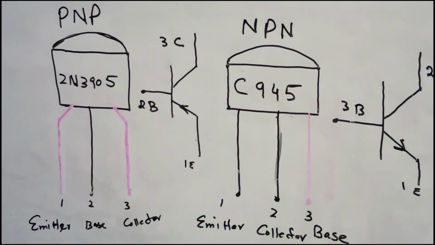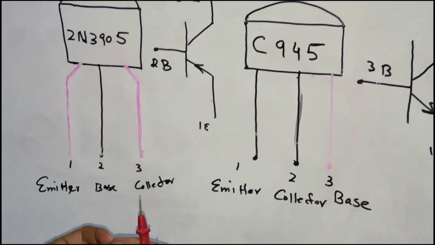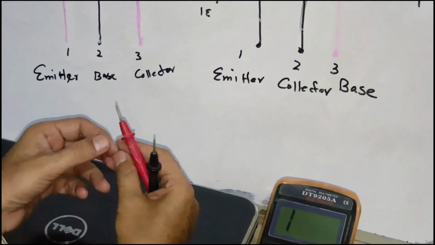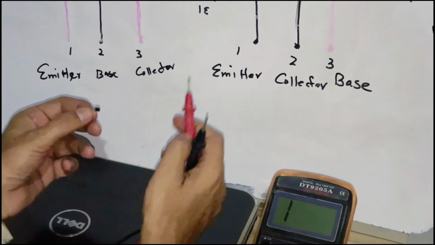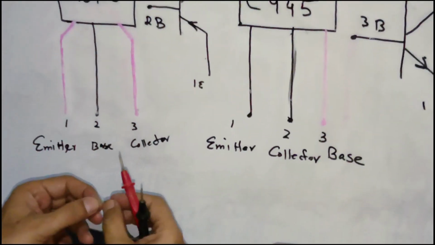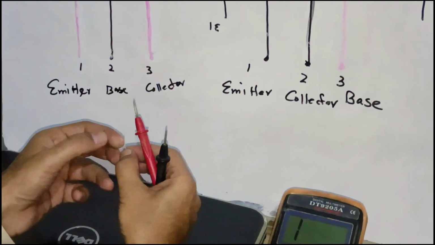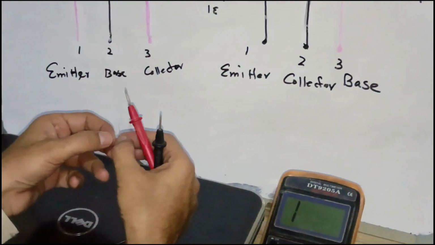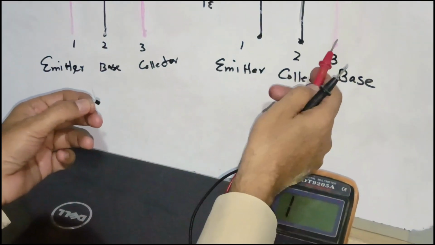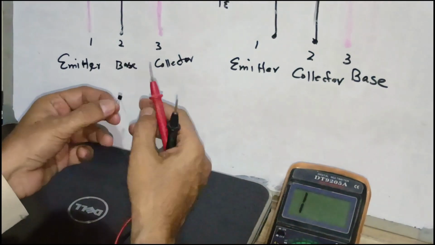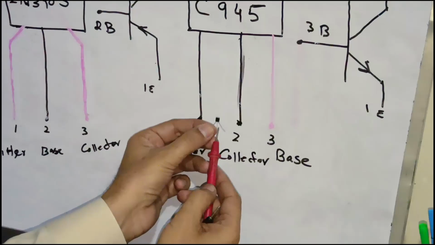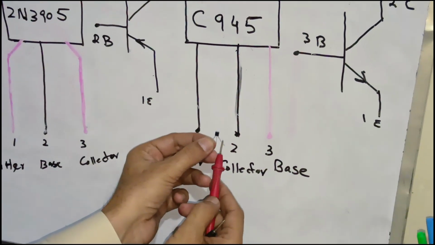Let's go to check. This is the practical. We have a C945 transistor, which is an NPN transistor. Now we will check. Practically, we have terminals. This is terminal number 1, this is terminal number 2, and this is terminal number 3.